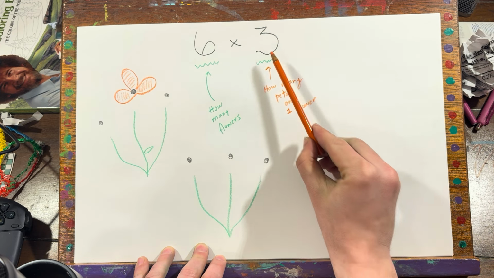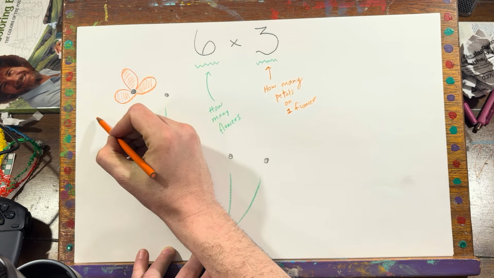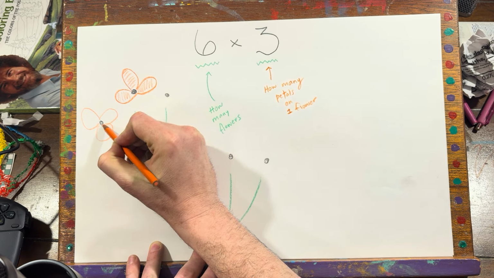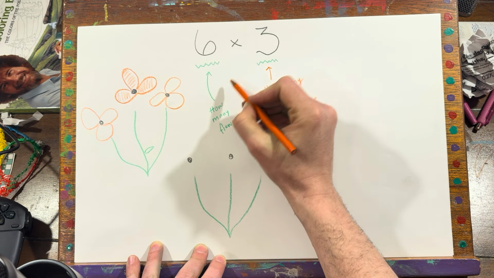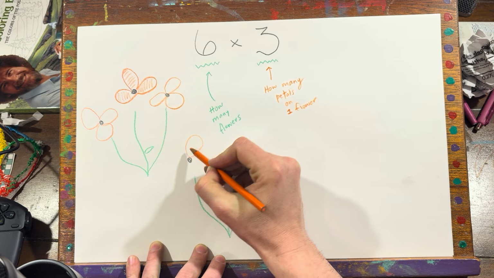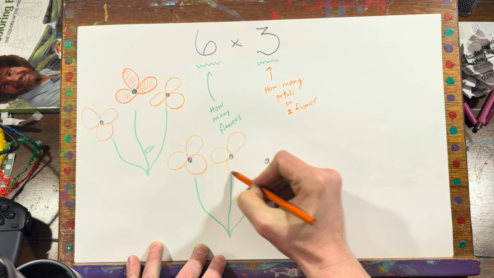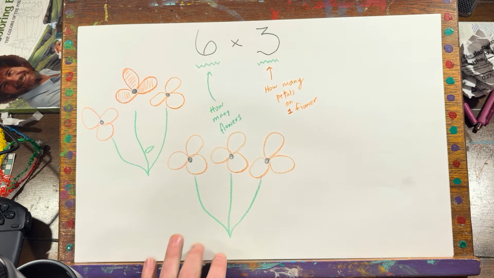And remember, my flowers have 3 petals on them, so that's what I'm going to draw on each. Oh, here they are. Okay.